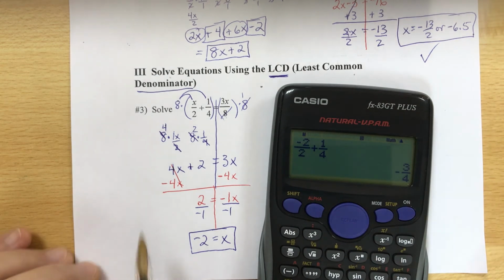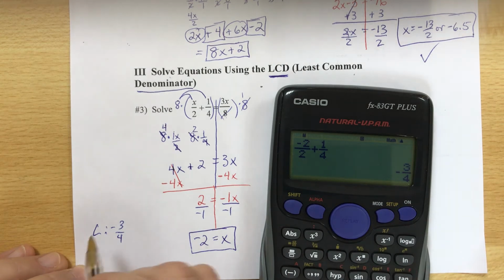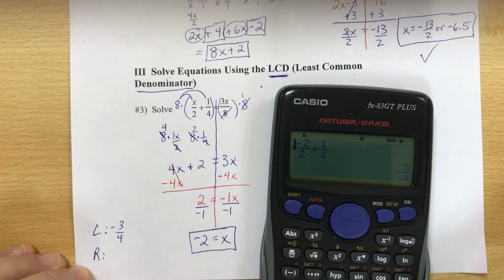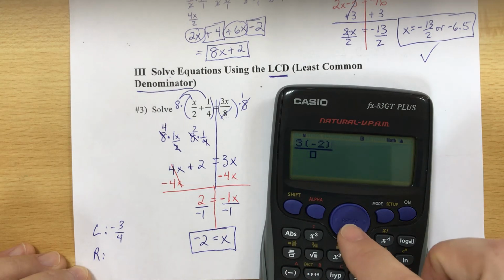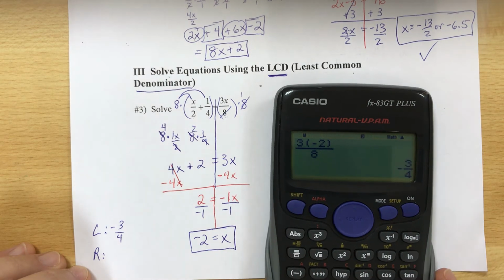Okay, so we get negative 3 over 4 for the left side. Now the right side was 3x divided by 8. So we'll do fraction. 3 times, I always put parentheses for times, negative 2 divided by 8. And that is also negative 3 over 4.